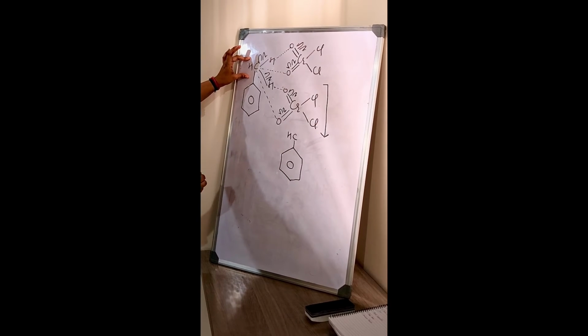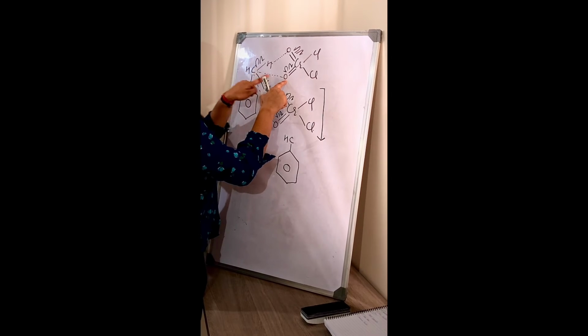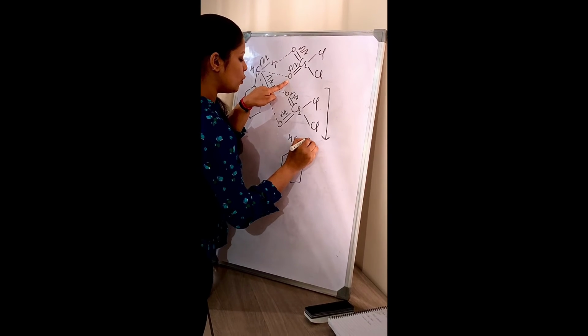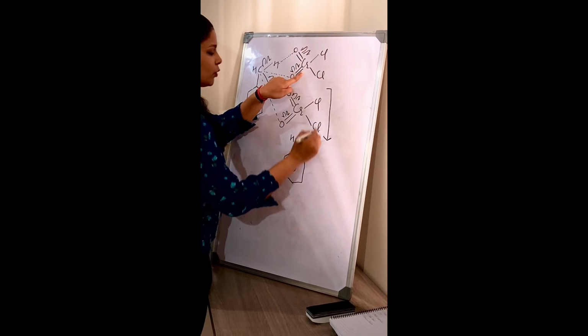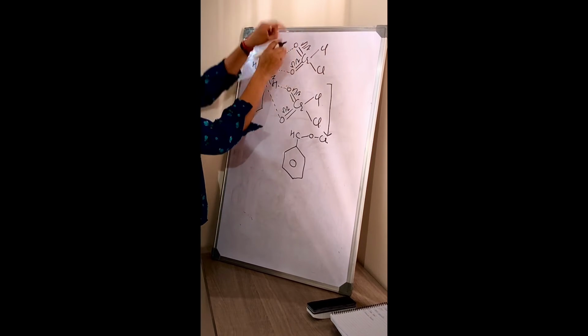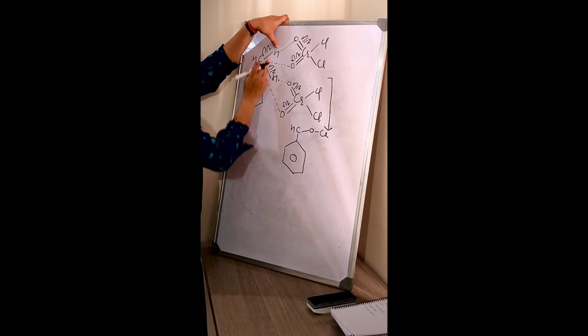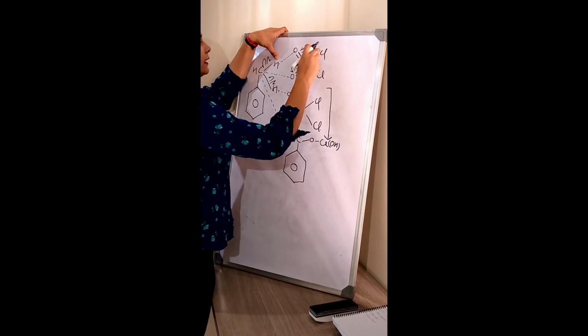Now this carbon binds with this oxygen, and oxygen binds with chromium with single bond. So Cr, and chromium binds with oxygen, and this oxygen will bind with this hydrogen. So here you can write OH and then Cl2.